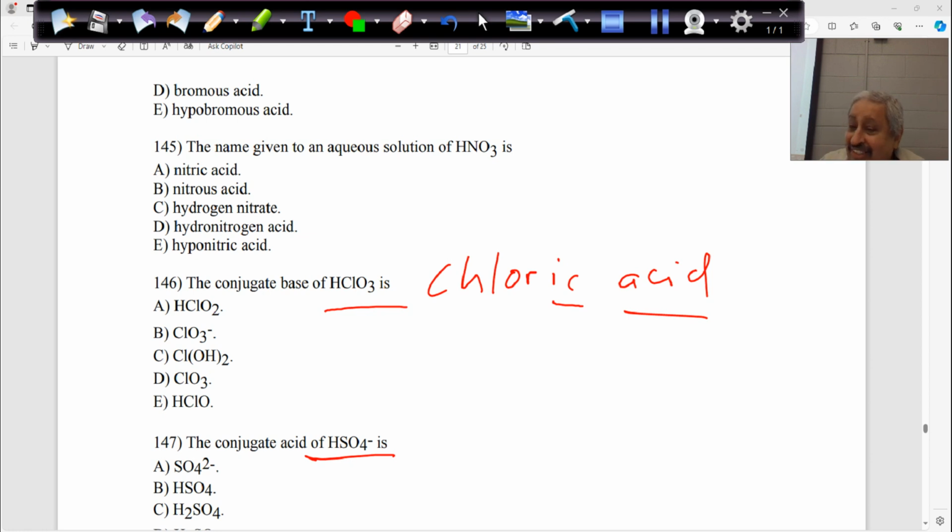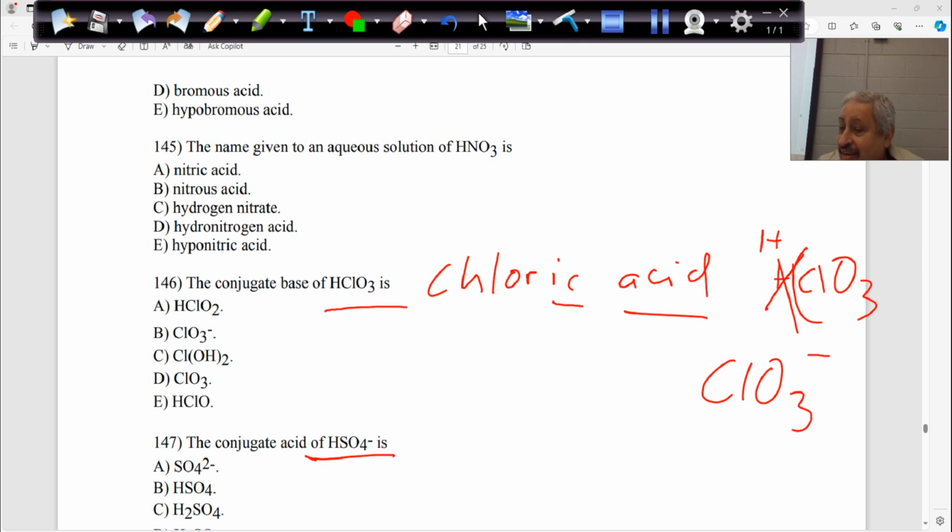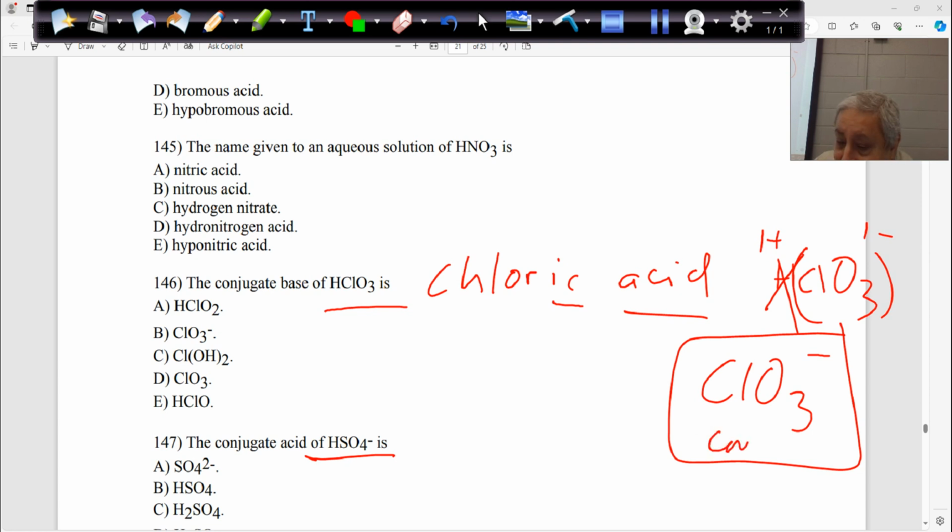So now if this is an acid here, it will be ClO3 chlorate, 1 negative, because this is positive 1 and the chlorate is negative 1. So it has to be this because it lost the hydrogen, correct? So this is a conjugate base. It was an acid that lost its proton, correct? Which one is it? B. The answer is B, correct.